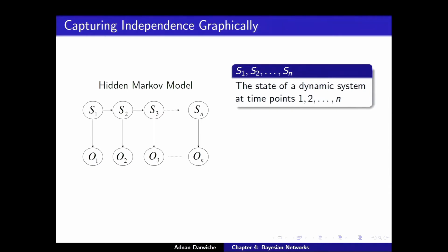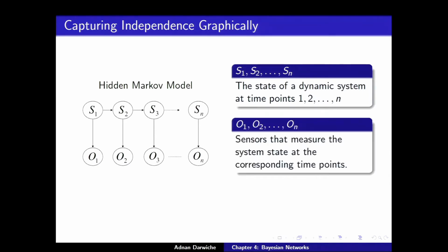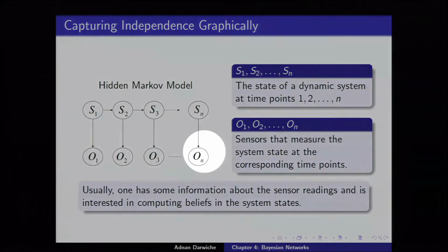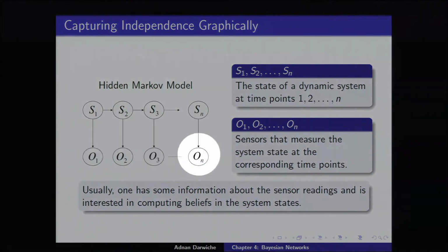And now we get this particular DAG, right? Now, if you look at how this is typically used, and we will do that later, you typically observe the state of these sensors, and then you say, given that these are my sensor readings, what is the probability that state 1 will be this or that?